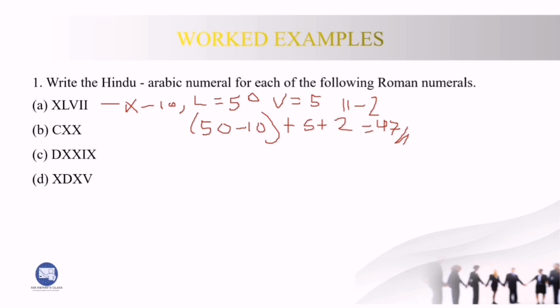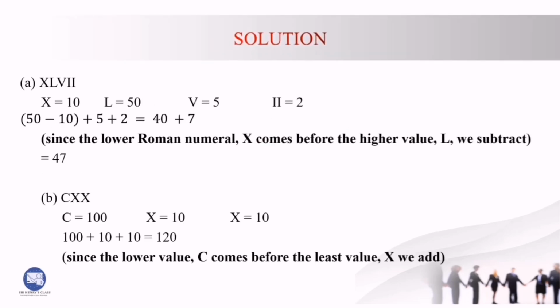So let's go to our solution. Yeah, so we have it here, 47 is stated here. It says, since the lower Roman numeral X comes before the higher value L, we subtract. So the second one is CXX. So C representing 100, X representing 10, X representing 10.